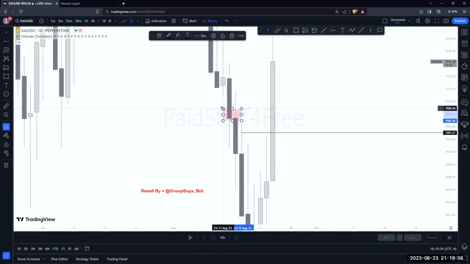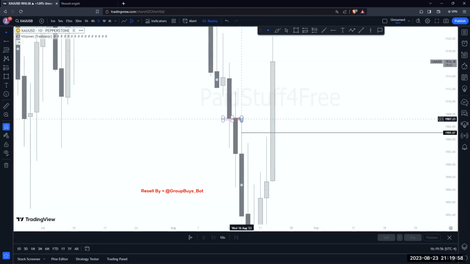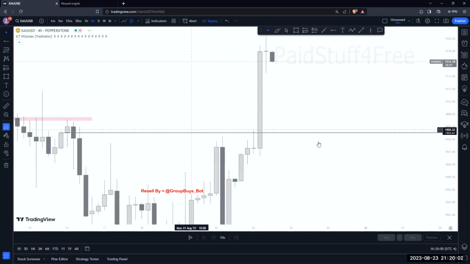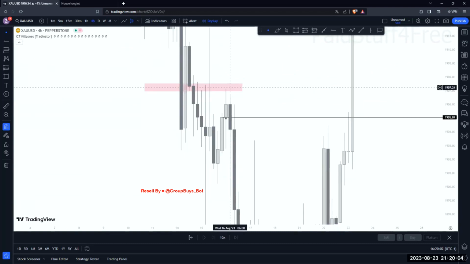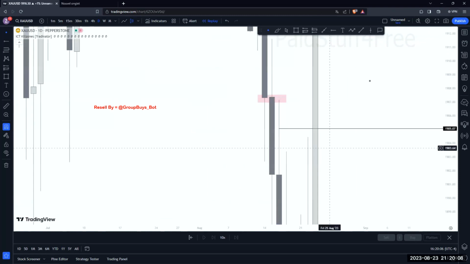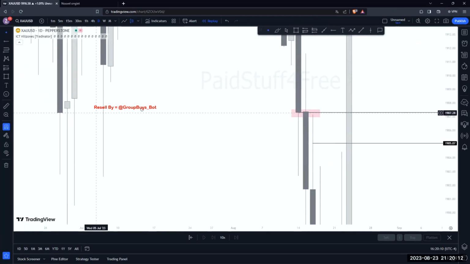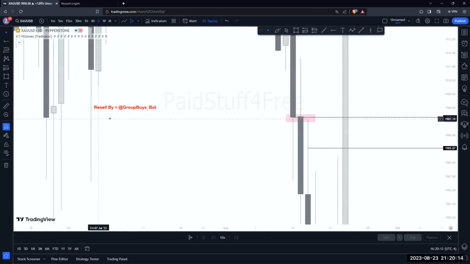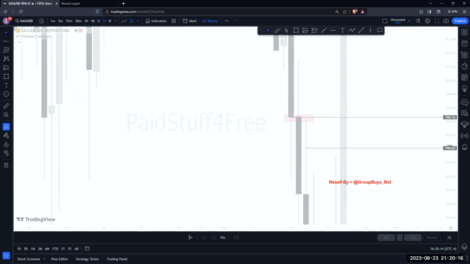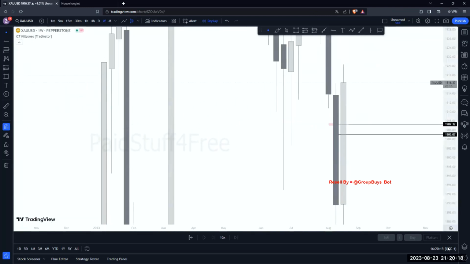A gap level on the daily. Fresh. Now you go to H4. Did it tap it? Not sure. Yeah, I did not tap it. Let me check quickly. Yeah, it didn't really tap it.